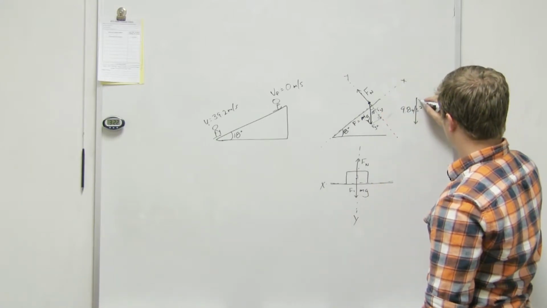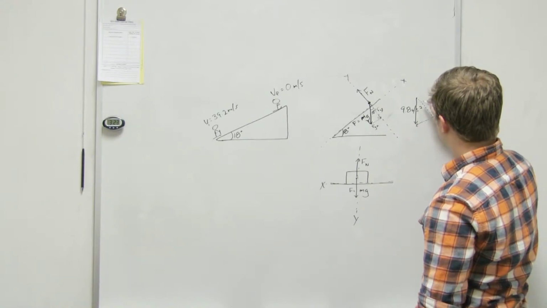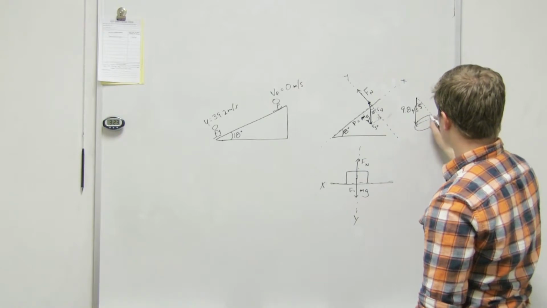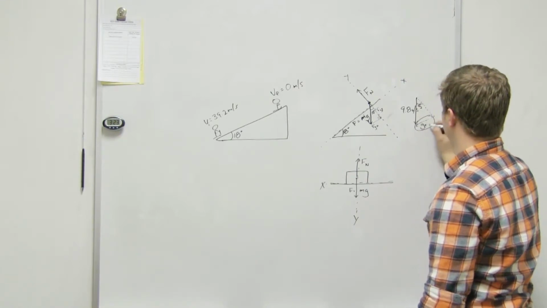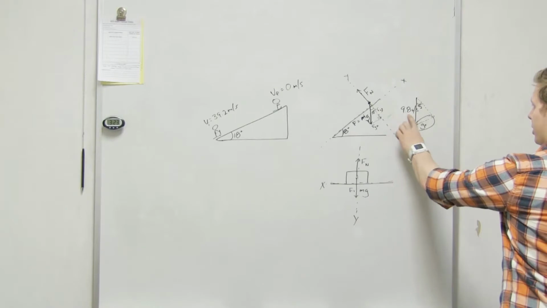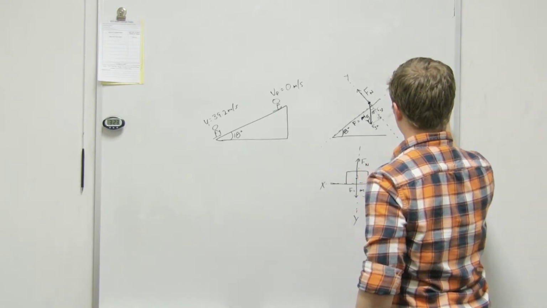So now we have this. So we want to find out how much gravity pulls down in the X direction. So we have one side of a triangle, we have the hypotenuse of it, and we have the angle.